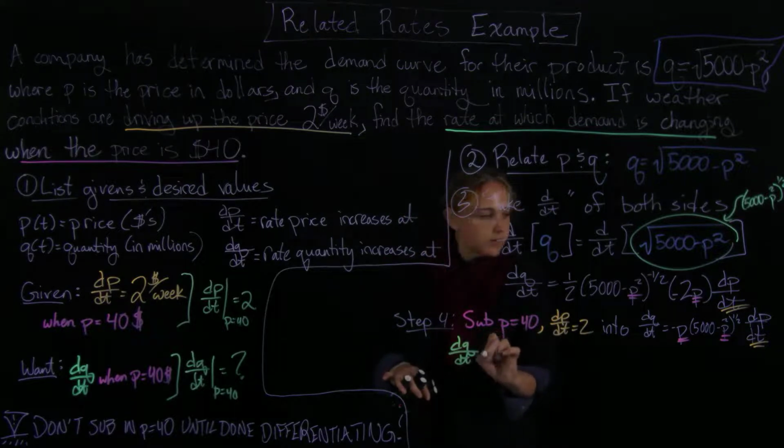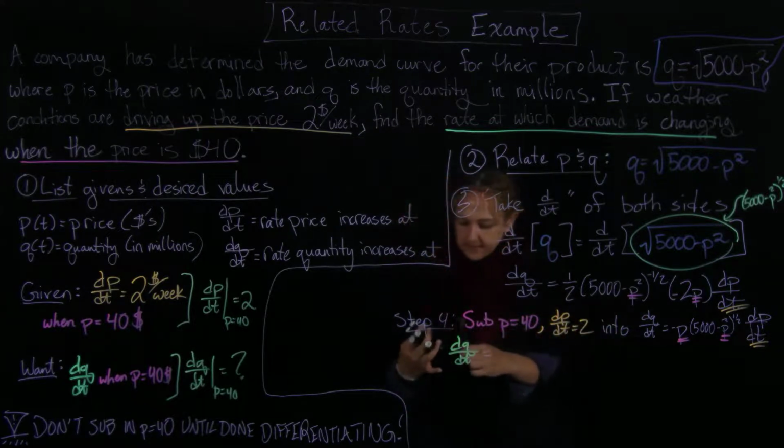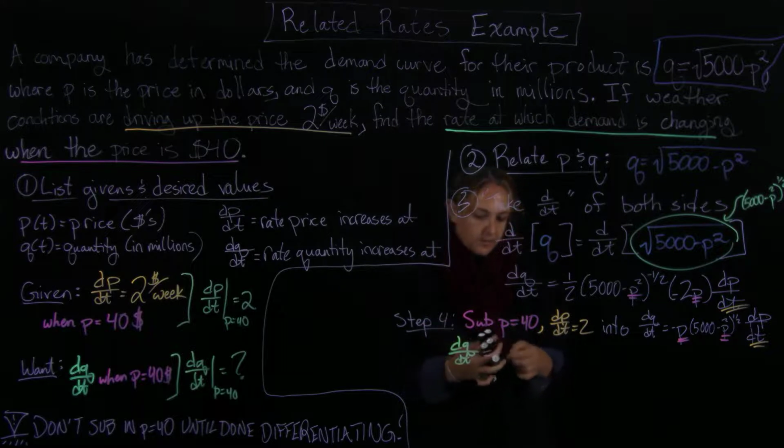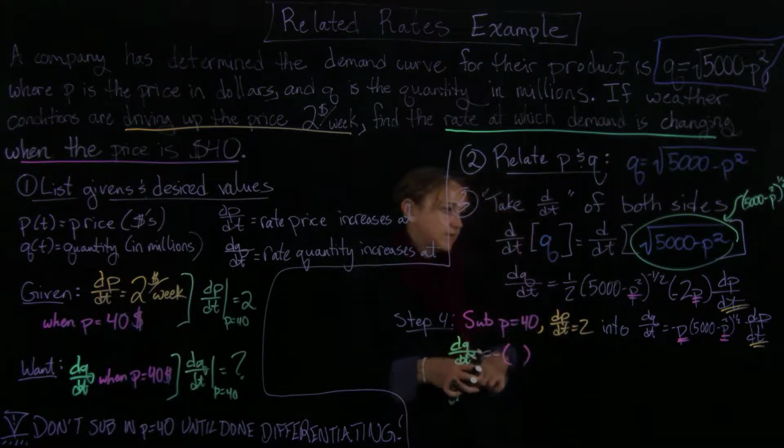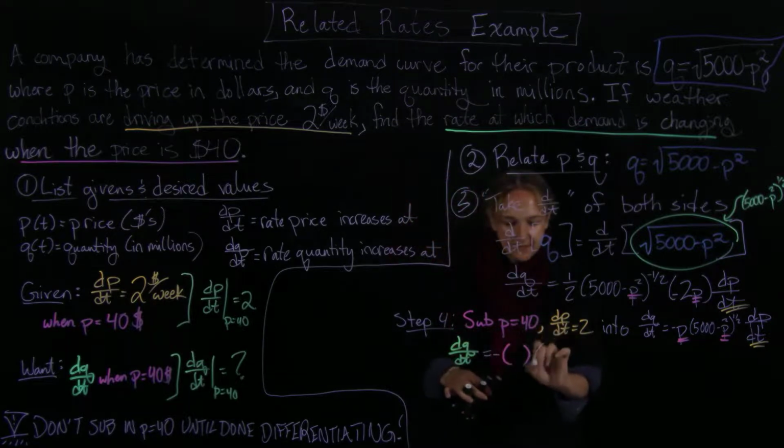is going to equal, so then I can just put these in, so I have minus, and then I'm going to put on my parentheses, the trick I like to do is put parentheses first, and then you can fill it in later so that you don't get yourself confused.